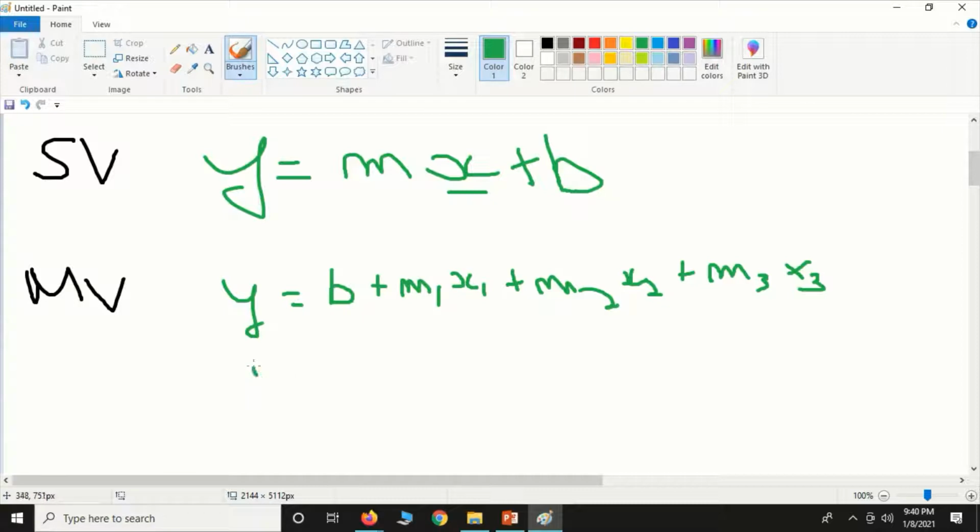M always corresponds to the slope, and b is the intercept at y.